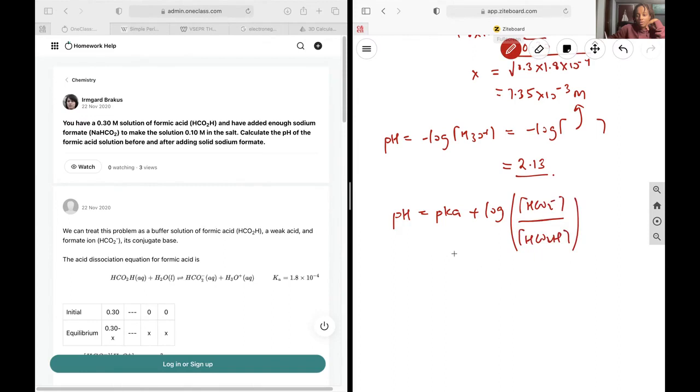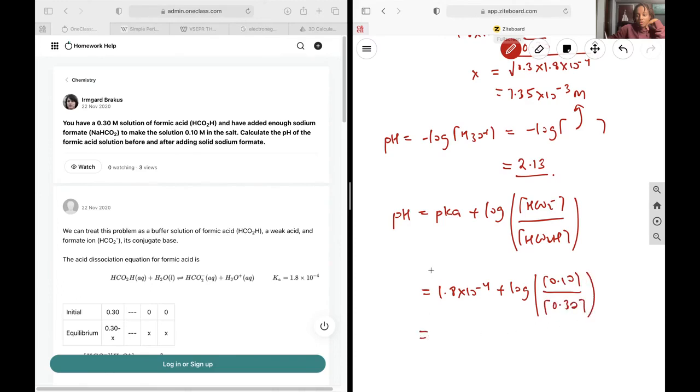So now I am told that I've added 0.1 molar of the salt, and so I'm going to include that in this equation to find the new pH. My pKa is from the Ka of 1.8 by 10 to the negative 4, plus log of 0.1, so HCO2-, my salt, is 0.1 molar, has been added, over 0.30.